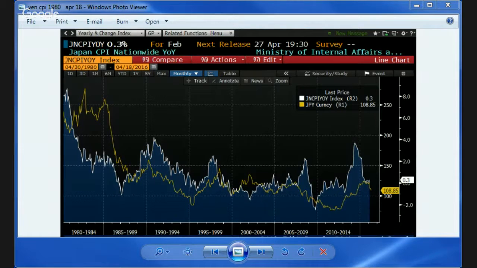People know that if they send their money to Japan, Japan is not going to blow up. In addition, the history of Japan through times like that has been one of a strengthening yen. We've seen it again.